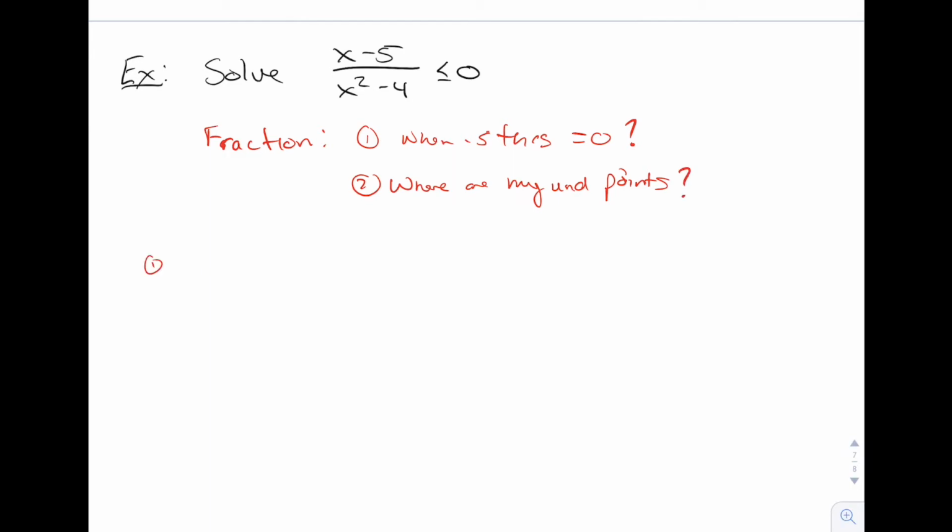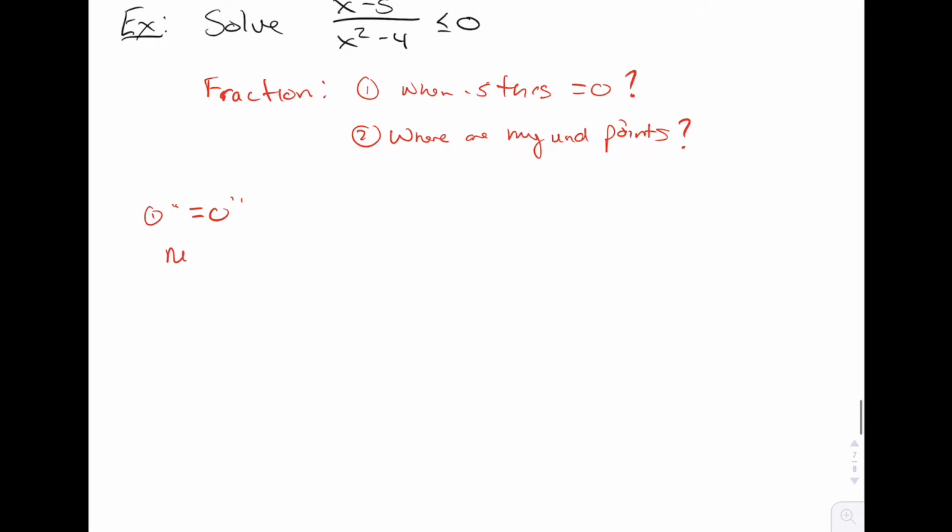So the first point we want to find is where we're equal to 0, right? And to do that, all we do is set our numerator equal to 0. So I take x minus 5 and set that equal to 0, and I get x is equal to 5. This is one of the points we'll put down on the sign diagram.